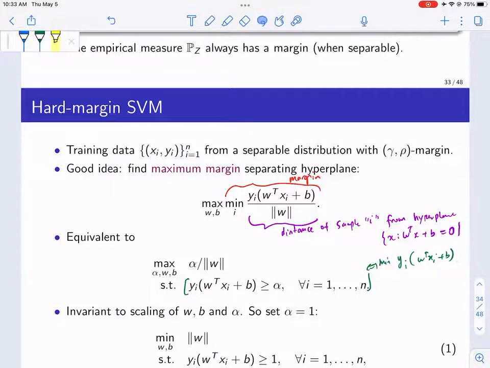Okay, then what? Equality holds for optimum alpha.